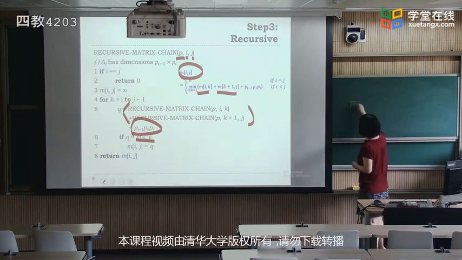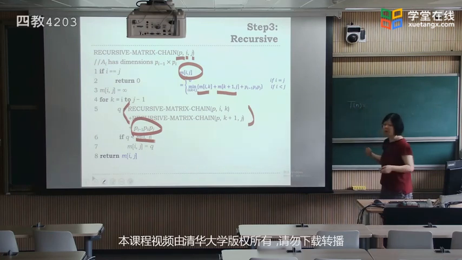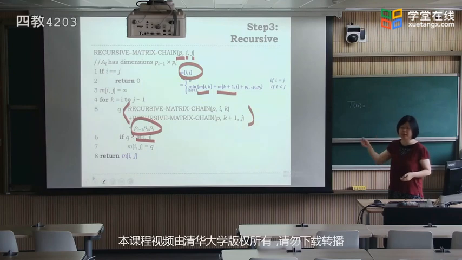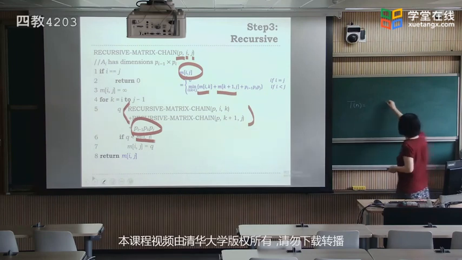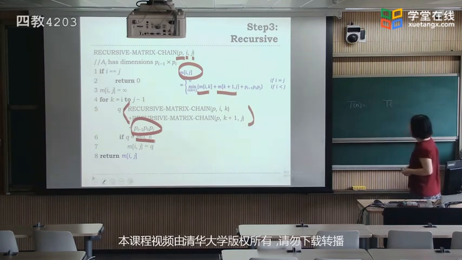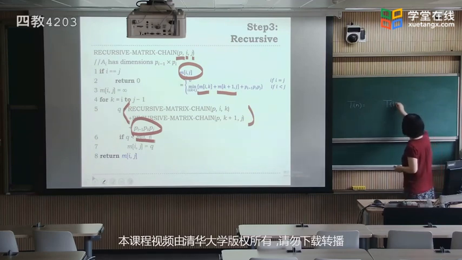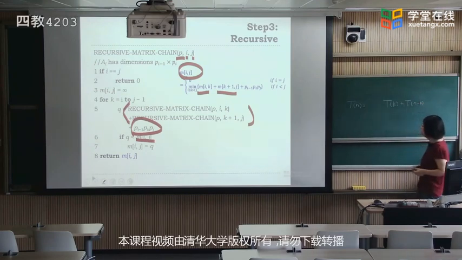So T(n) equals, let's just count how many subproblems we try to solve here. So for each k, we call two subproblems. The first one has the size k, and the other one has the size n minus k, right?